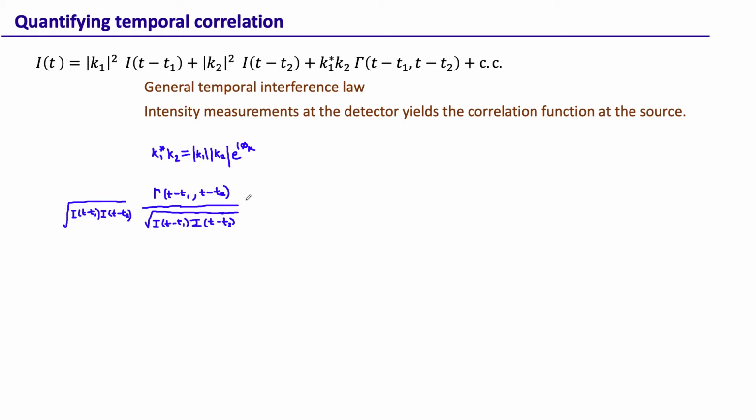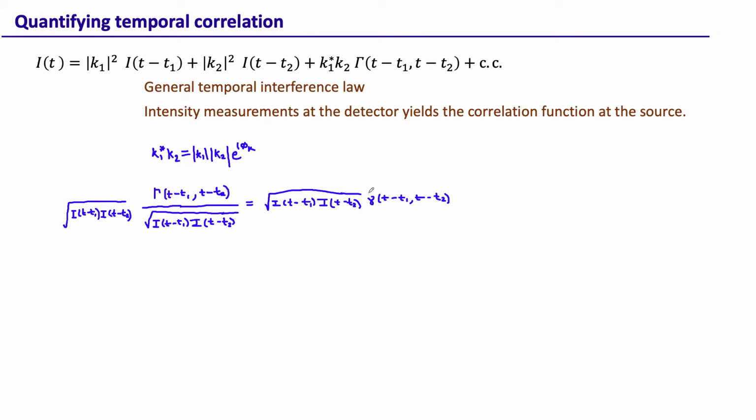So this then is basically equal to I(t minus t1) I(t minus t2), and then this is the complex degree of coherence function gamma of t minus t1, t minus t2.